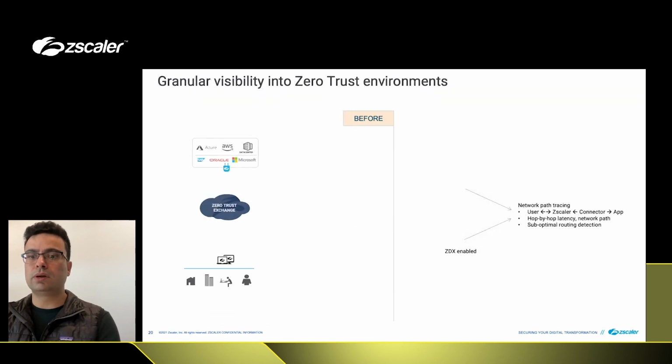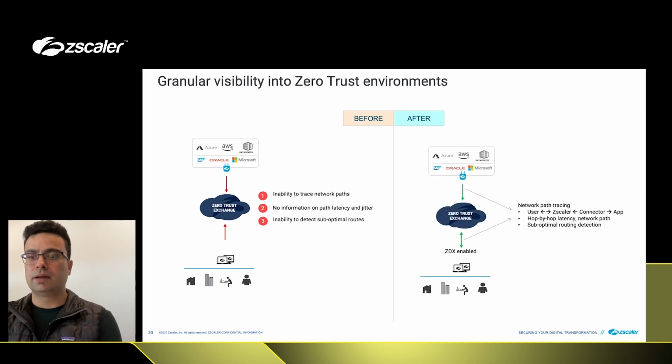So in order to overcome these visibility gaps, where you have no ability to look at the network path, you have no visibility on the latency or jitter on the data path, and if there is a downstream ISP or even within your network, any form of suboptimal routing happening, it's very difficult to understand those scenarios.